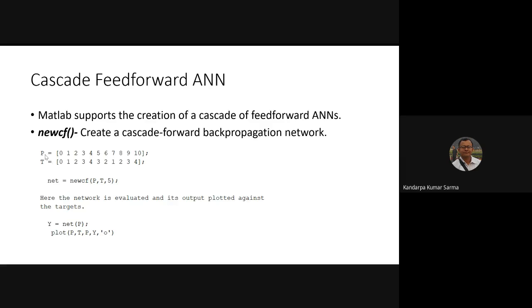So here that will be the pattern vector, that will be the target vector. Here we are creating a cascaded feed-forward network that will be dealing with the pattern and the target vectors with 5 middle layer neurons. So it can be simulated and we can plot the results.